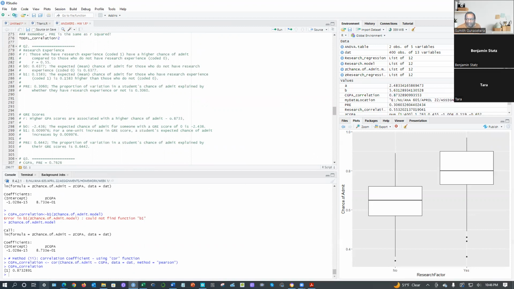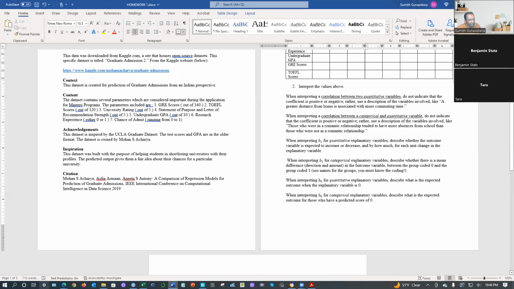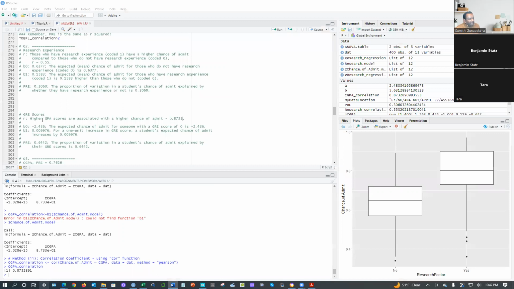That's why, if you have two quantitative variables, what are you supposed to say? When it is a quantitative explanatory variable, B1 describes whether the outcome variable is expected to increase or decrease, and by how much for each unit change in the explanatory variable.